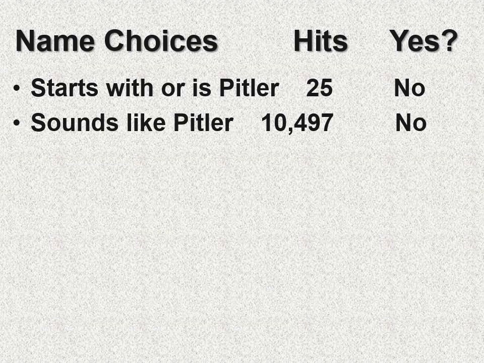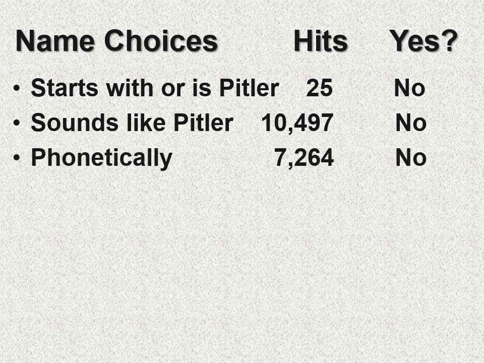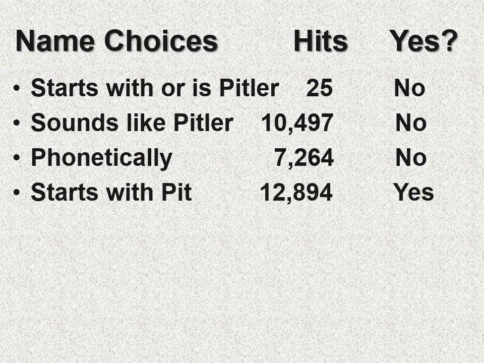None of them are who I'm looking for. If I use phonetically, which I think is a type of Soundex, there are over 7,000 hits. None of them are who I'm looking for. If I use starts with Pit, there are almost 13,000, and I do have the people there.